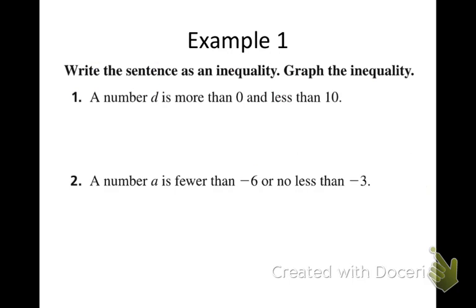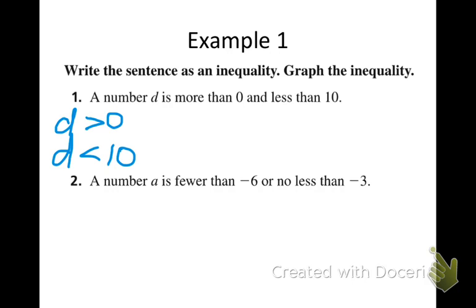So let's write the sentence as an inequality and graph the inequality. In the first one, it says a number d is more than 0 and less than 10. So you have a couple things going on here. You have d is more than 0 and d is less than 10.